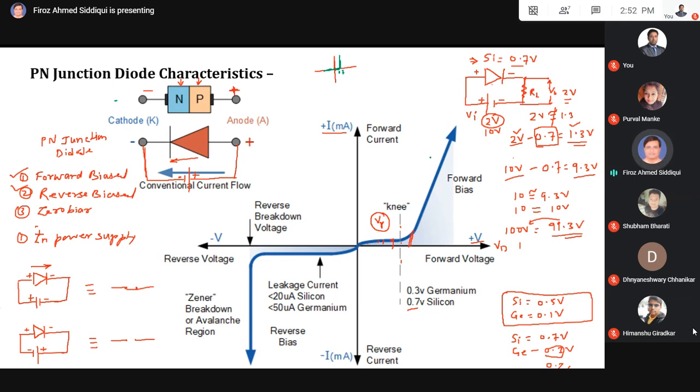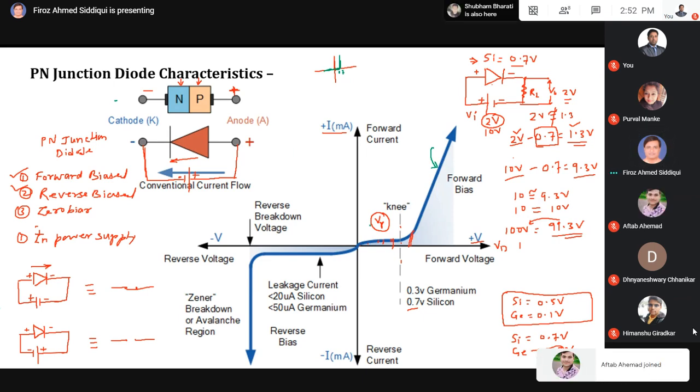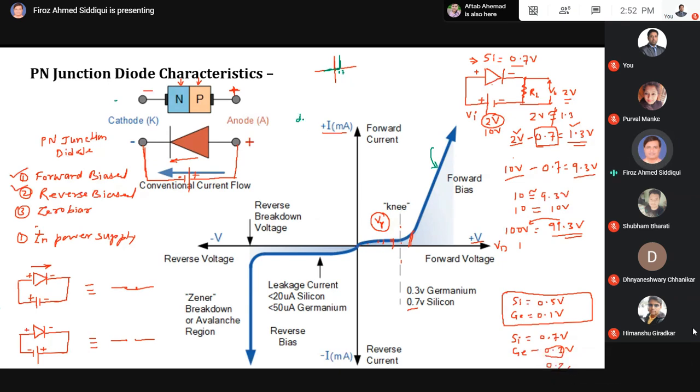But if we see the practical diode characteristic, you will find the slope. What is this slope? If you know how we calculate the slope, it is dy by dx, the quantity on the y-axis upon the quantity on the x-axis.